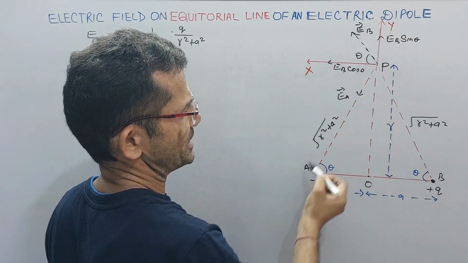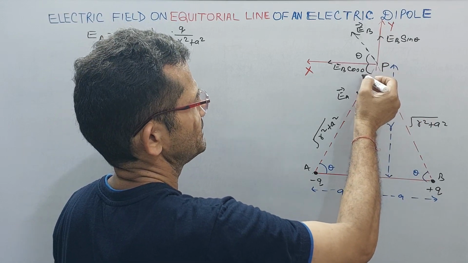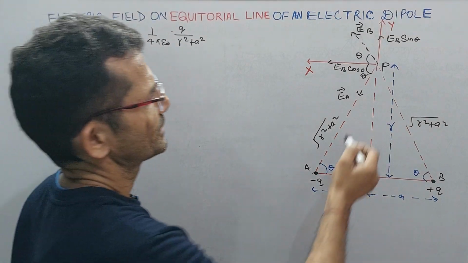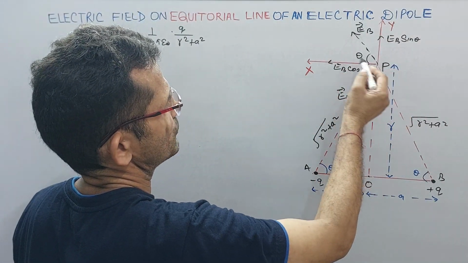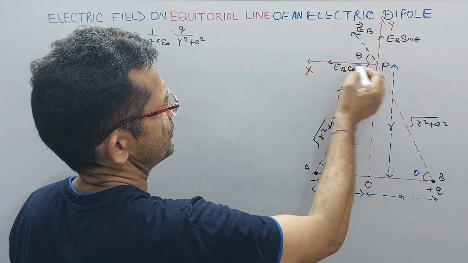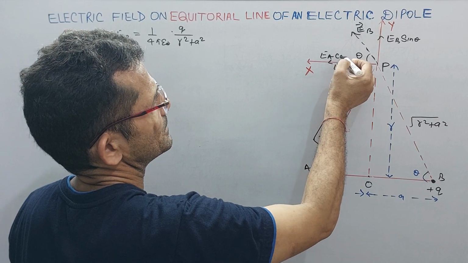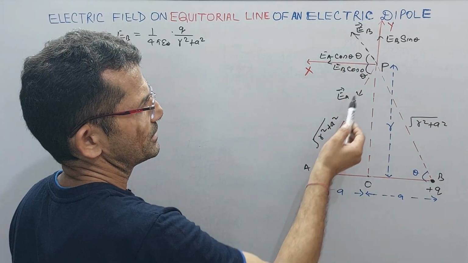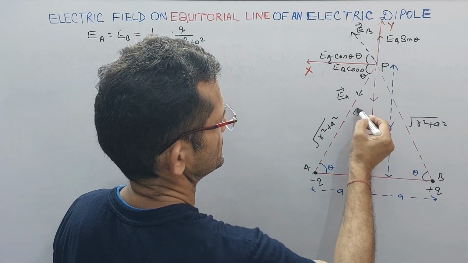Since this line is parallel to this one, obviously this angle will also be theta. Now the components of EA: along this one will be EA cos theta, along PX, the x-axis. And another component of EA, along this one, is EA sin theta.